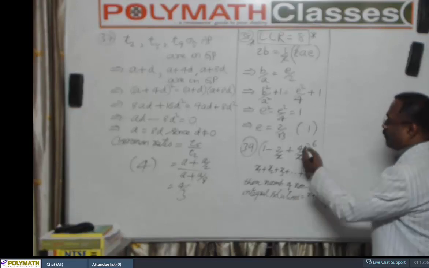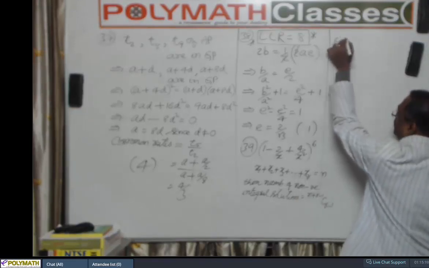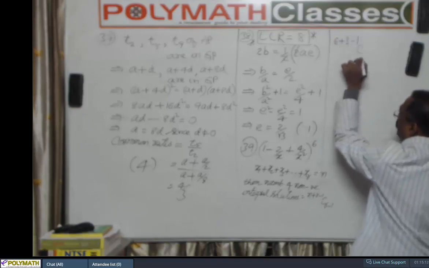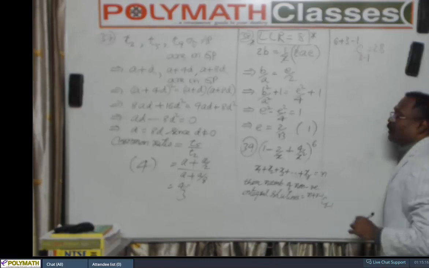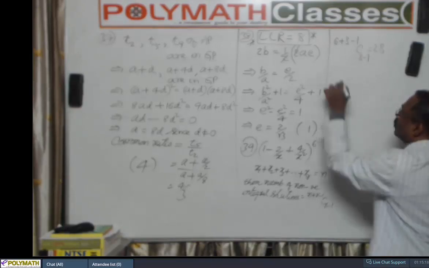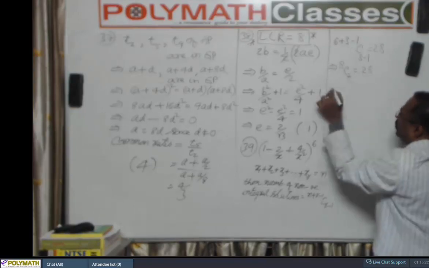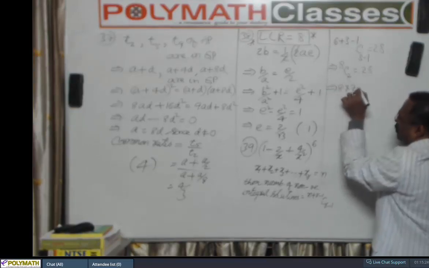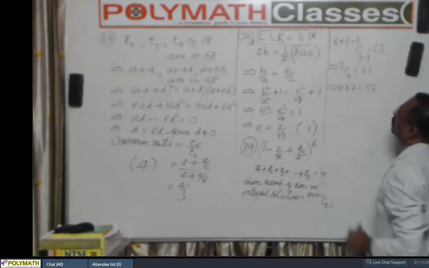So what happens? The number of terms will be (6 + 3 - 1)C(3 - 1). It is given to be 28, the number of terms in the expansion.